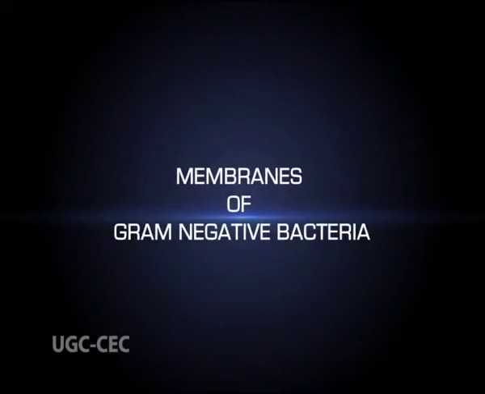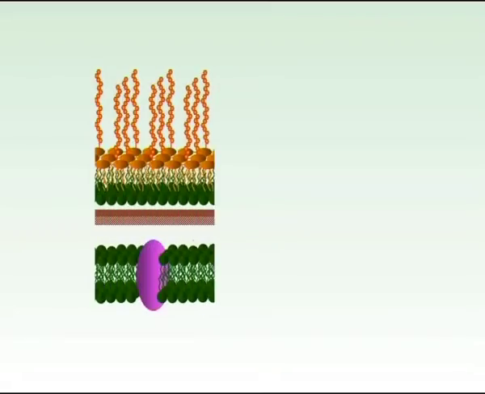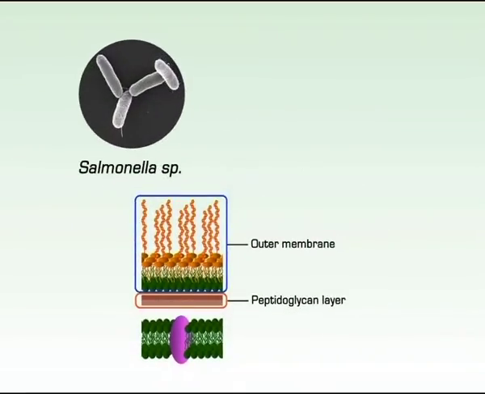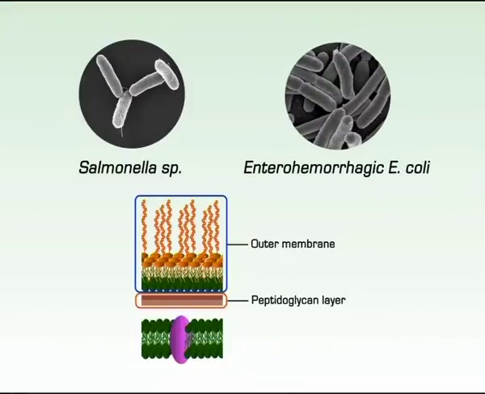Now we'll come to the membranes of gram-negative bacteria. The gram-negative bacterial cell is composed of a thin layer of peptidoglycan, which is found to be in a single sheet. Further, this peptidoglycan layer is covered by an outer membrane which confers defensive abilities and toxigenic properties on many pathogens, for example, Salmonella species and enterohemorrhagic E. coli.